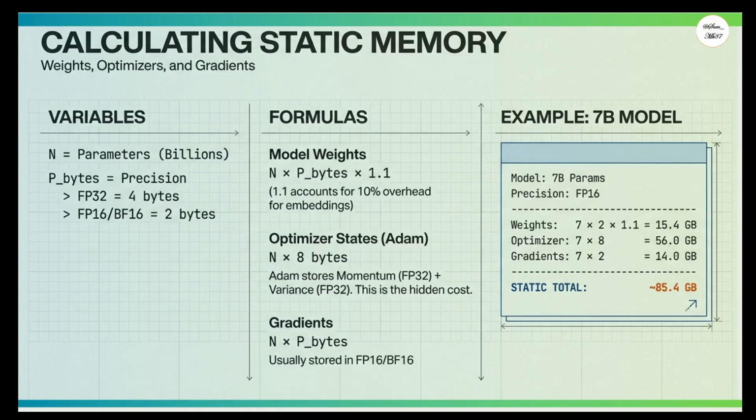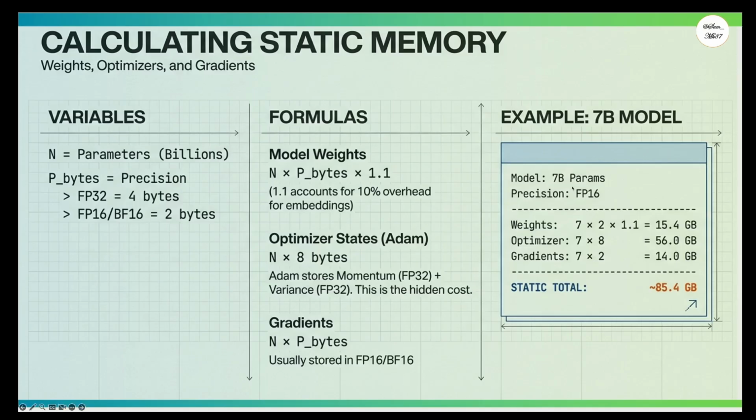But if you're using FP16 or BF16, each model parameter consumes 2 bytes. So for the model weights, the equation you can see here, you multiply the number of parameters by the bytes consumed, and then you usually have an overhead of 10% as well.